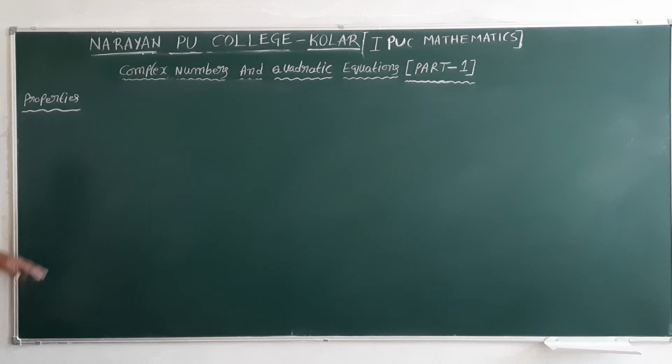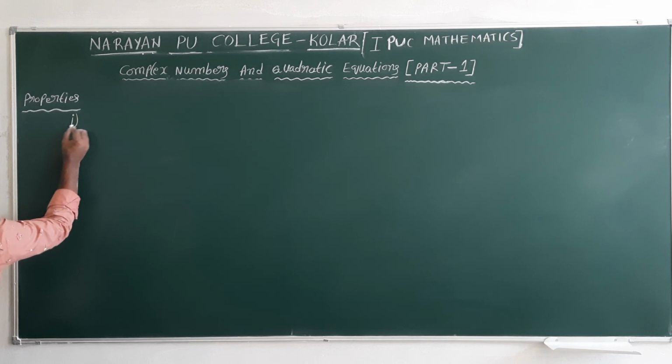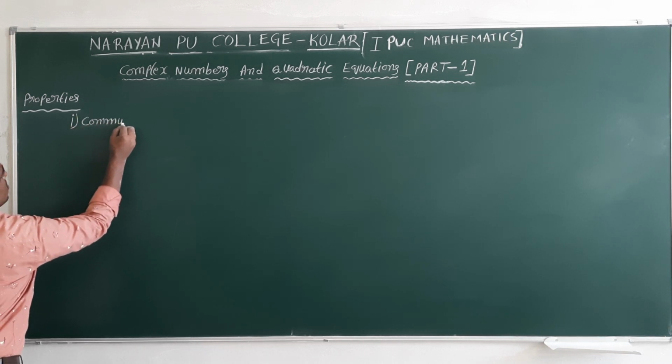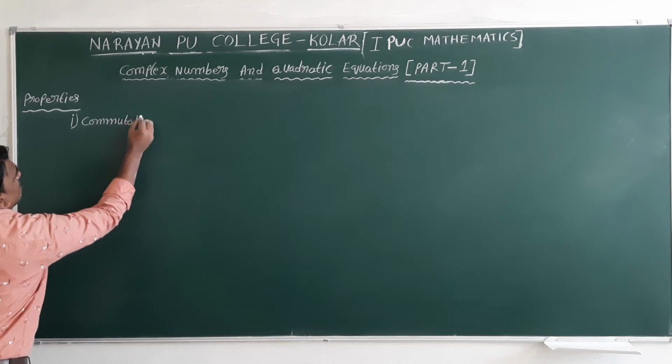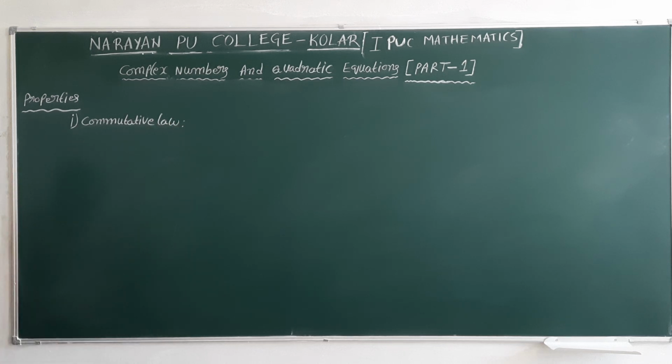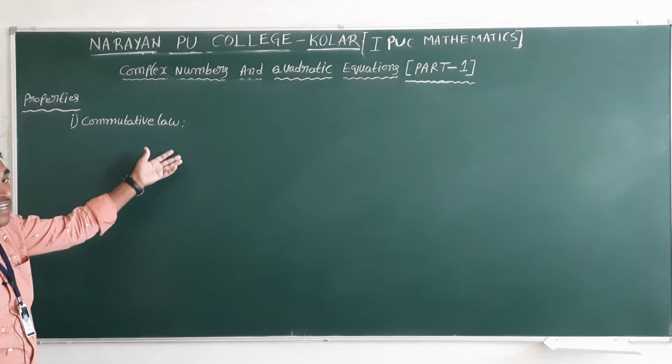Properties of addition of two complex numbers. The first property is the commutative law. In sets we studied the commutative, associative and identity laws.